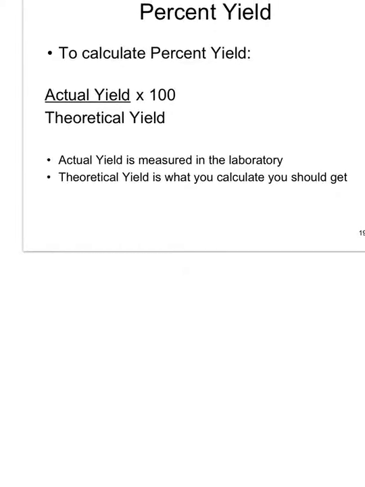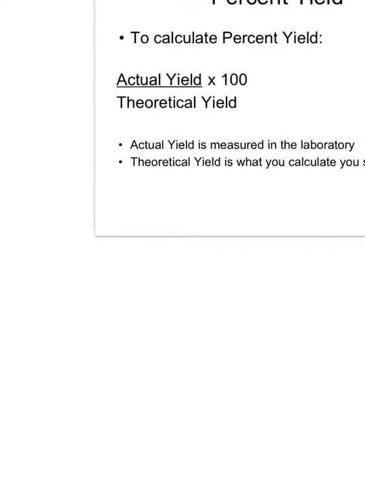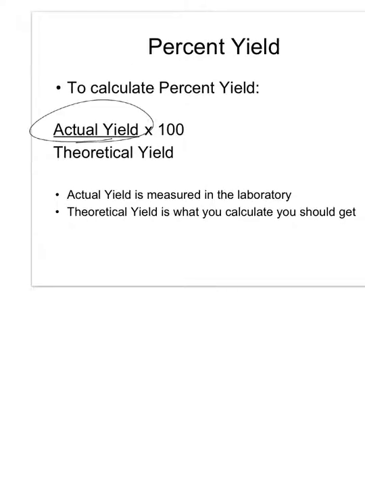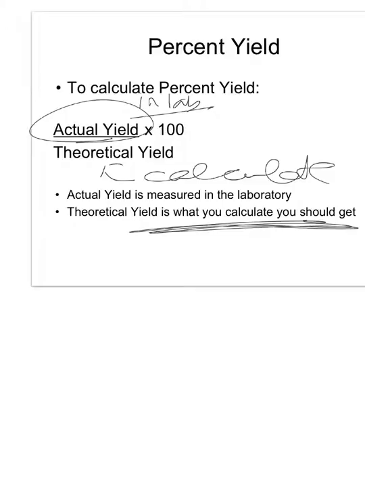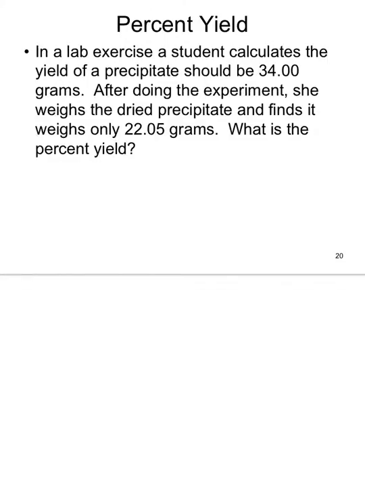All right, all we're going to do is take actual yield. This is what you actually are going to get in the lab. That's what you weigh in the lab. This is what you calculate, okay? So percent yield, the precipitate should be 34 grams after doing all the calculations, whether it's limiting reactant, whatever, some stoichiometry, but in the lab, only getting 22.